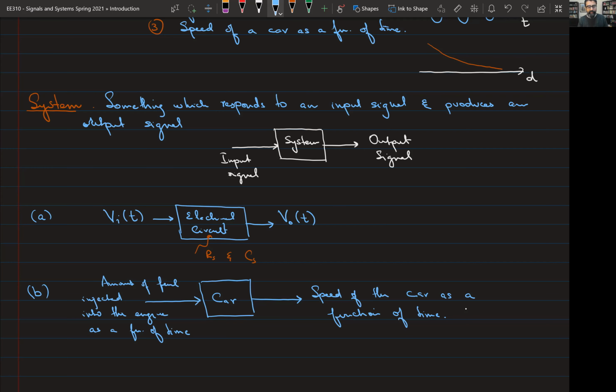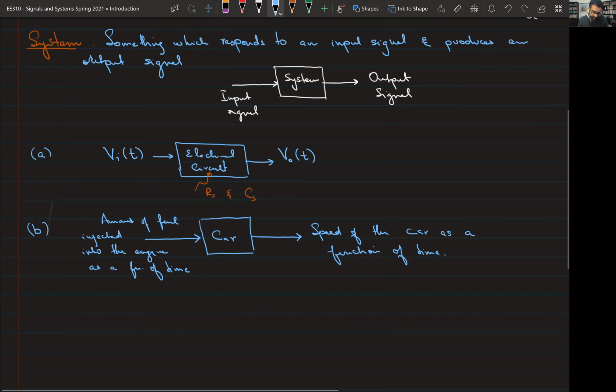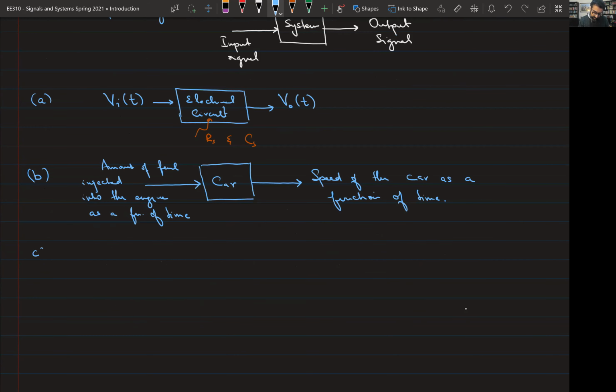Okay, but we've been able to abstract it in the sense that there's an input, which is the fuel injected into the engine, and out comes the output, which is the speed of the car as a function of time, right? So this car would be an example of a system. Okay, and believe it or not, the human body is a system as well, right?